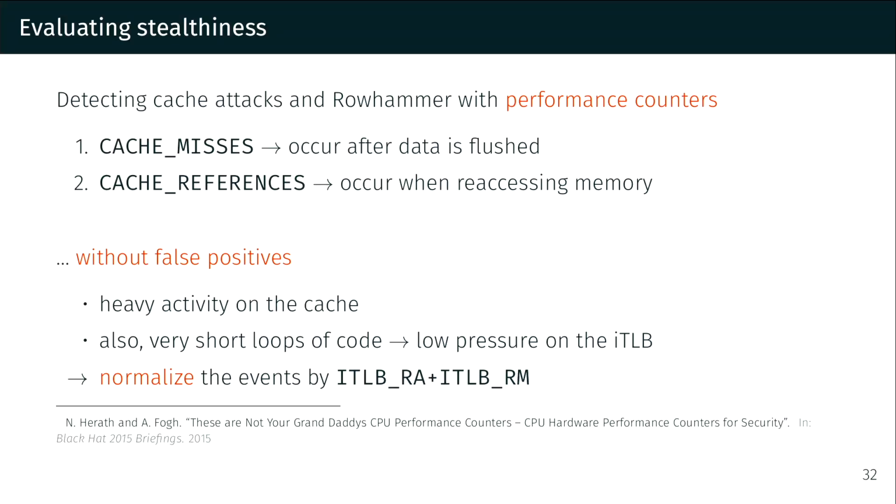So what we decided to do is normalize the cache events, so the cache misses and cache references, by events that have to do with the instruction TLB. And there we managed to detect cache attacks and Rowhammer without having false positives. So this is the metric that I'm going to use when I talk about stealthiness.